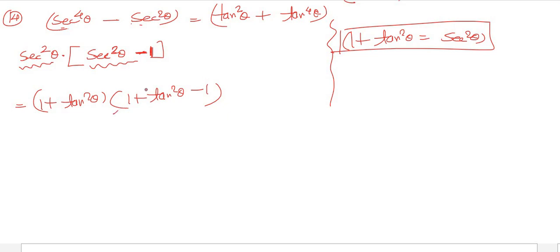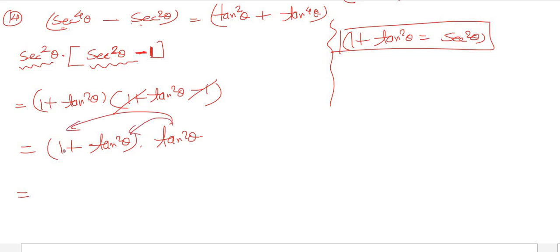So what will happen? This one and this one are cancelling. So I am getting 1 plus tan square into tan square theta. Okay. This tan square is multiplied. So it will be this into tan to the power 4 theta. Correct?